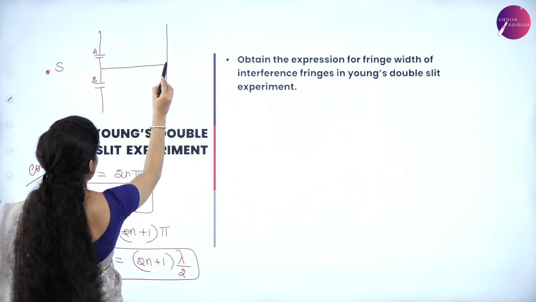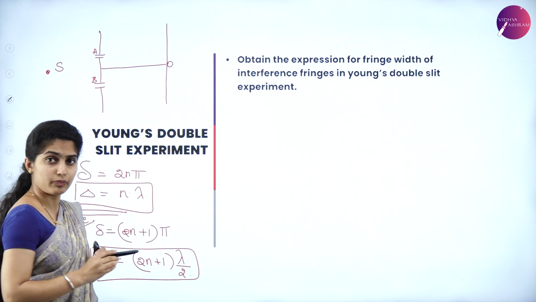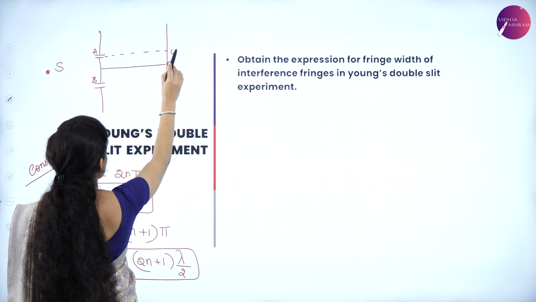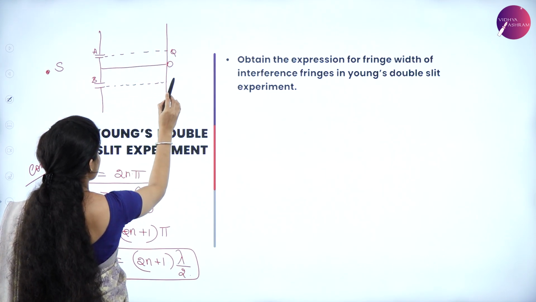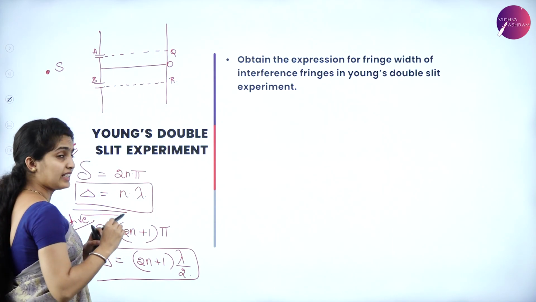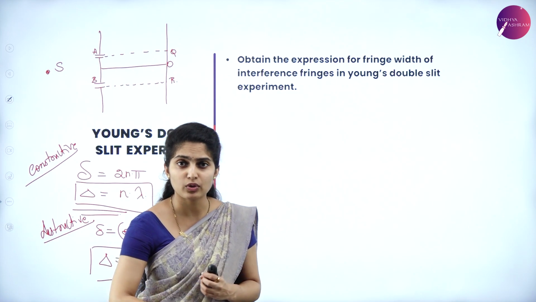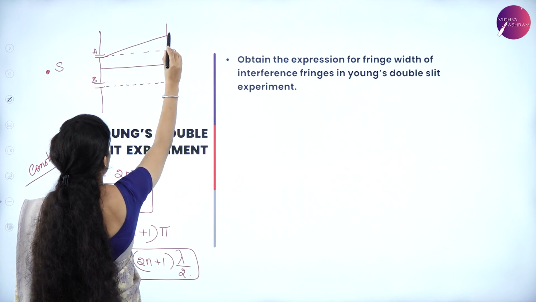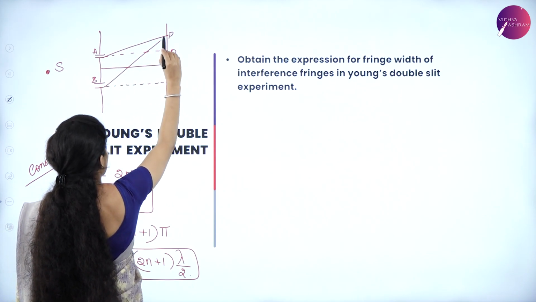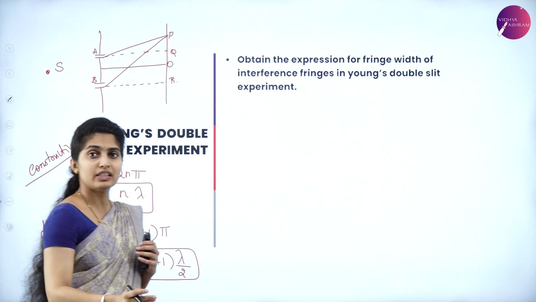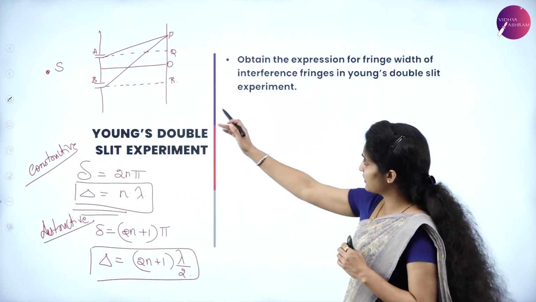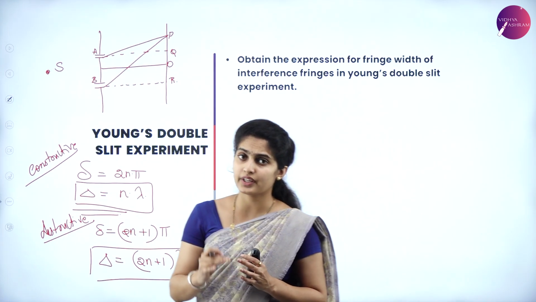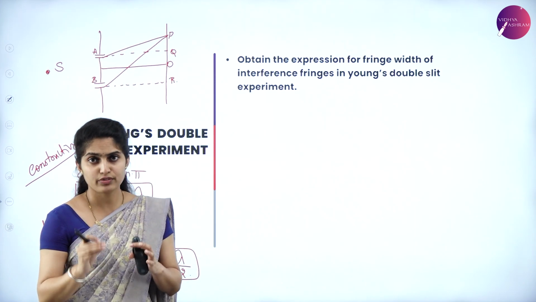We mark it as the center, call it the origin, O. The light which comes from A is given as Q, and from B it is mentioned as R. But the light gets distributed from the coherent sources, so at some point P, from A as well as B, we need to identify what the intensity is. In order to calculate the intensity there, we need to have a certain point from A and B.